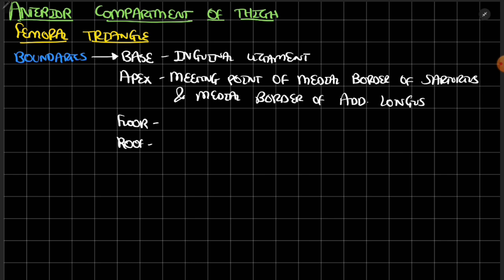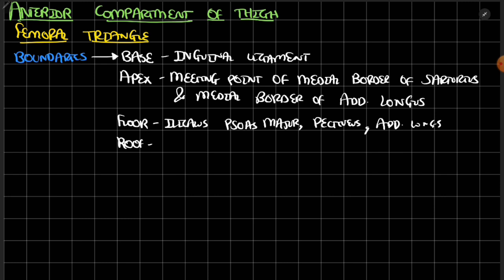Then the floor from lateral to medial is iliacus, psoas major, pectineus, and then adductor longus.